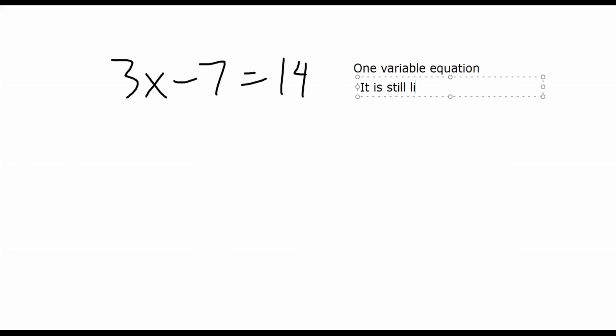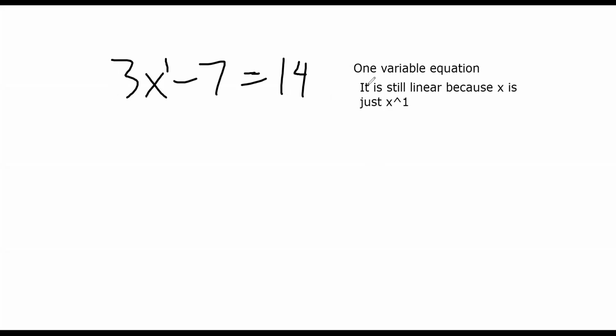It is still linear because x is just x to the first power. Remember, secretly it has a power of 1 up there, even though it's not written. It's not squared, it's not to the 5th power, it's not the square root, it's just good old x to the first, and then everything else behaves a certain way. They're just constants at the end of the day. They're just numbers. So this is considered a linear equation, but it's only one variable.